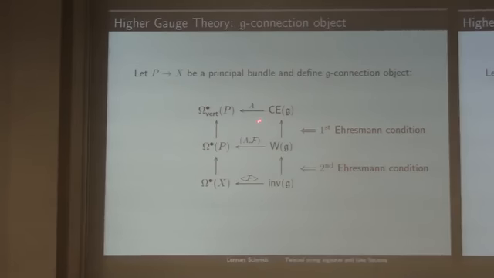And the commutativity of this first square essentially is implied by the first Ehresmann condition of the connection on the principal bundle, which says that on the vertical directions, I'm just the Maurer-Cartan form, and this is essentially saying that this morphism on the vertical part factors along the Chevalley-Eilenberg algebra, so that its curvature along that part is 0, which is true for the Maurer-Cartan form. And then this bottom square, the commutativity follows from the second Ehresmann condition, which is just the normal statement that the characteristic classes pull back to form global forms on the base manifold.